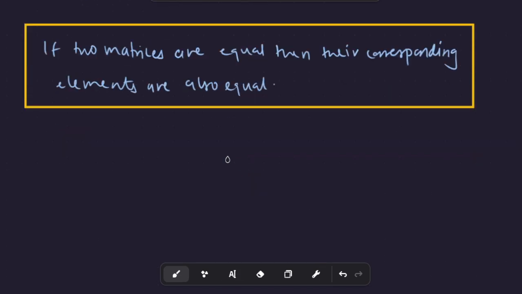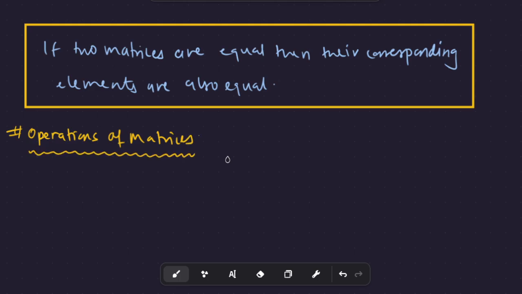Now let's move on to the next topic. It is operations of matrices. We'll discuss two types of operations here.